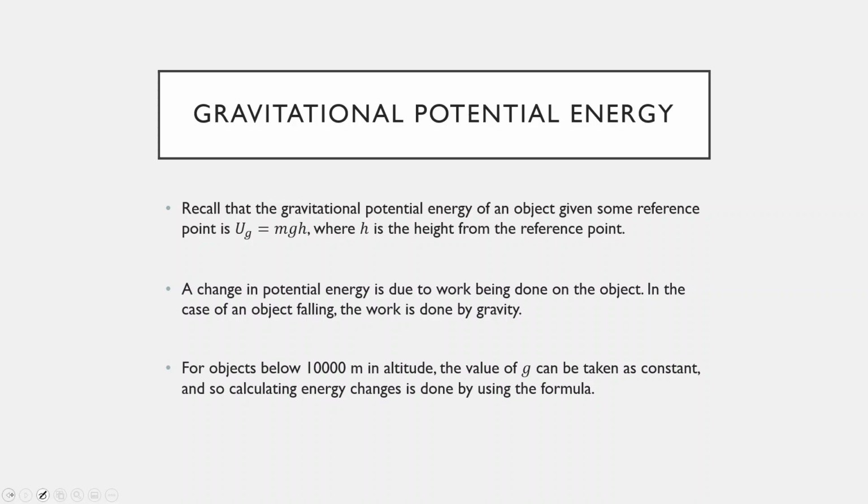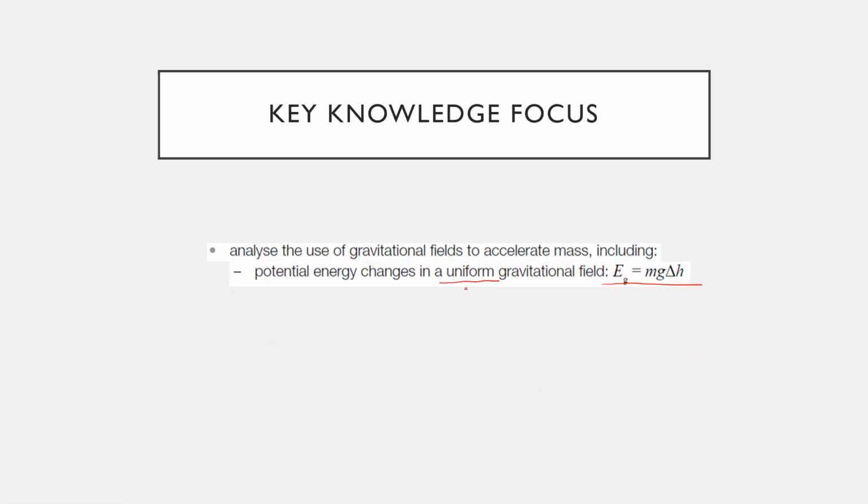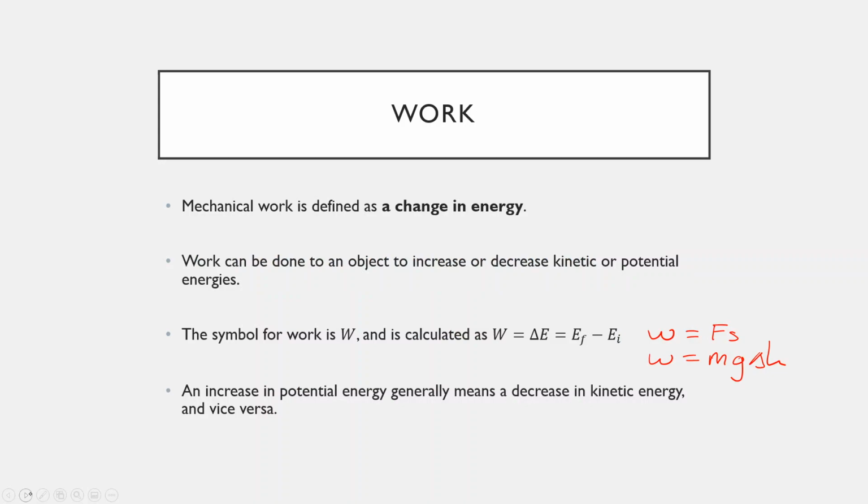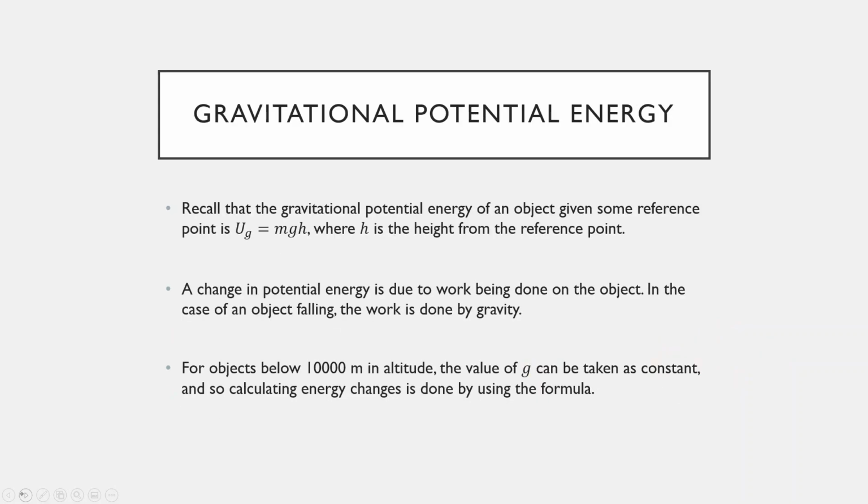Now, we're talking about uniform gravitational fields. This formula only applies when your gravitational field is the same strength everywhere and also the same direction, but mainly the same strength. At least in this video, we're looking at distances that change by no more than, say, 10 kilometers.